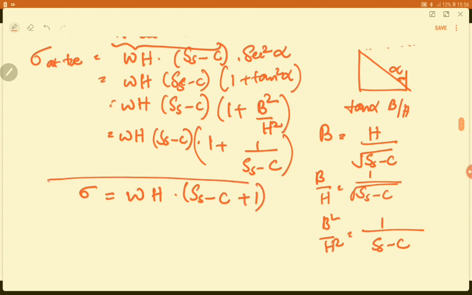So, this is the equation for the major principal stress in case of reservoir full.